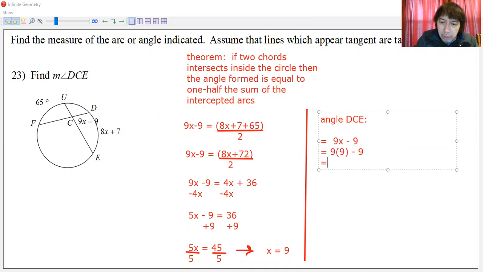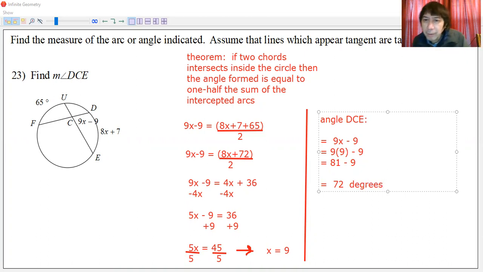And so this is equal to 81 minus 9. So this is equivalent to 72 degrees. That's our answer, 72 degrees.